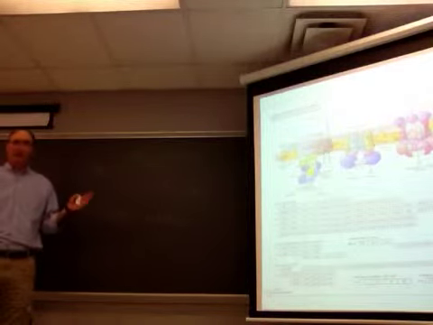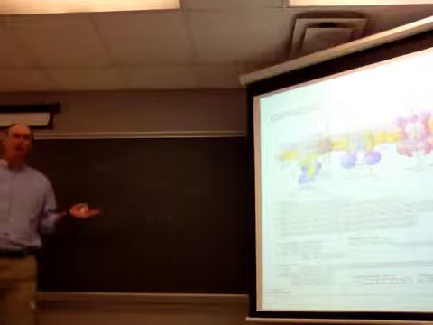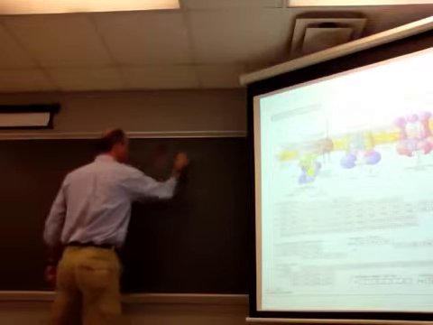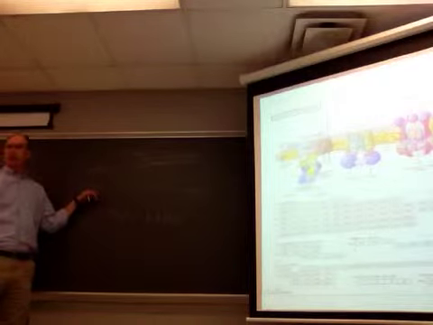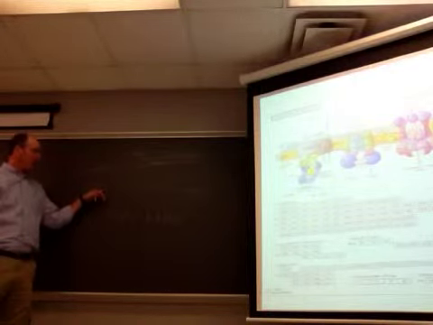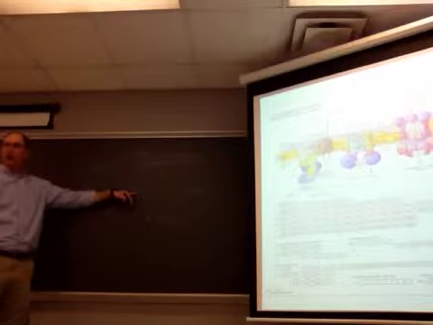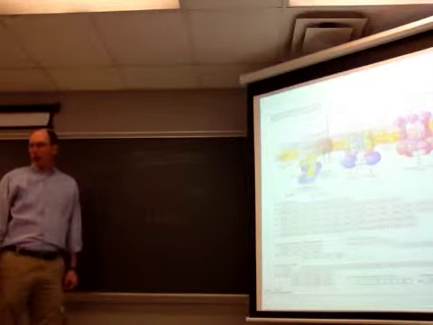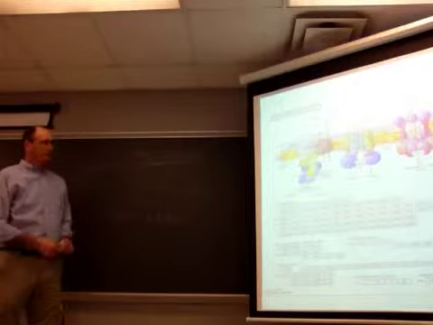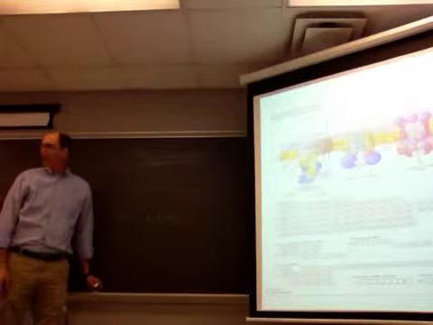This is a chemistry class, so when stoichiometry matters, we need to pay attention to it, right? So it's 4 cytochrome C, right, to provide enough electrons to reduce 1 molecule of oxygen to 2 molecules of water, okay? Does that make sense?